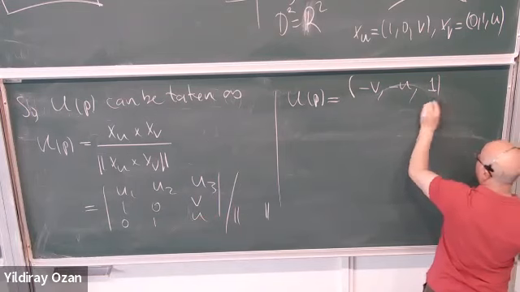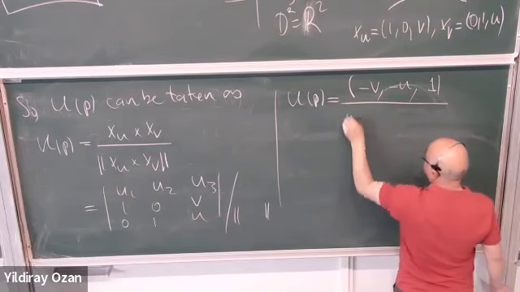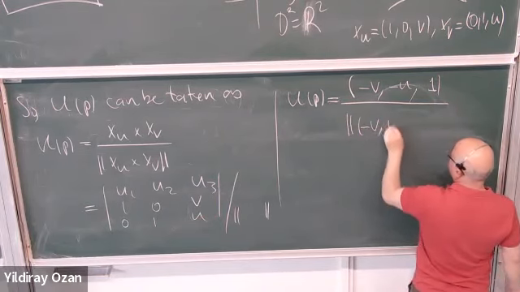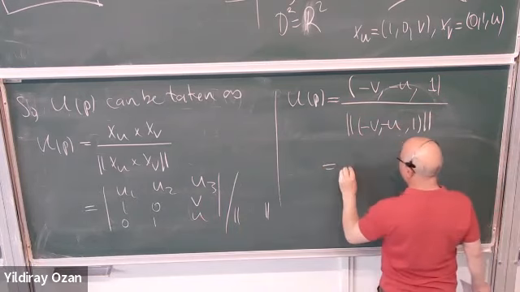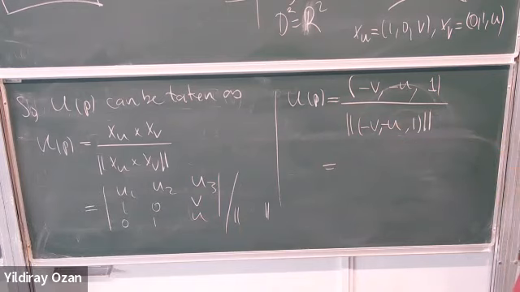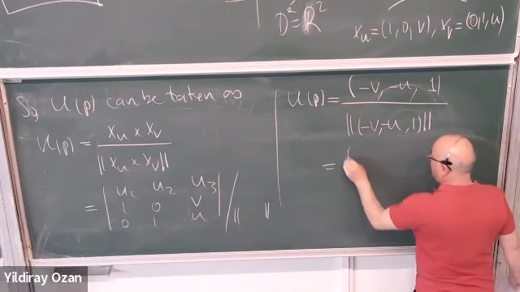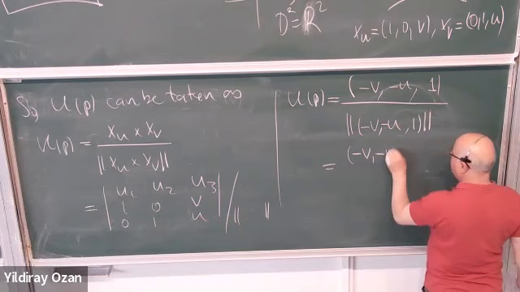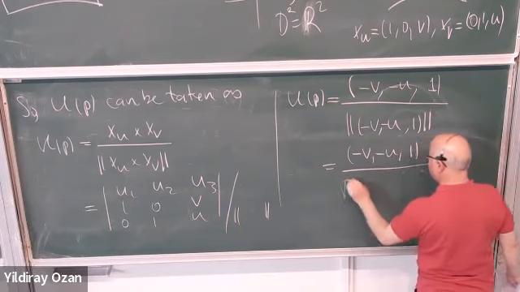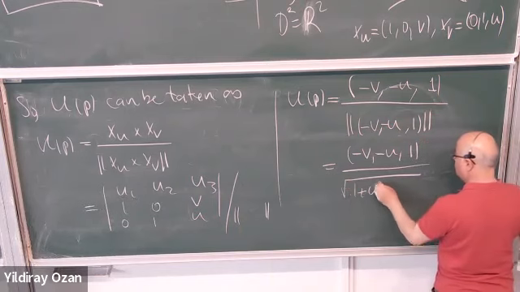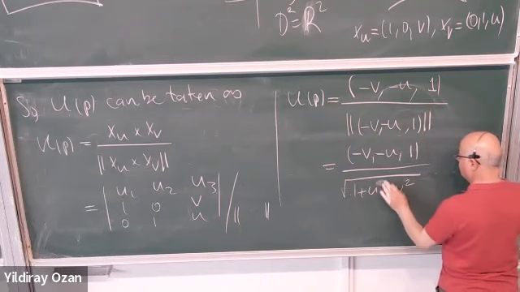So this is the cross product. I divide this by the length of this vector. So it is just minus V, minus U, 1 divided by the square root of 1 plus U squared plus V squared.